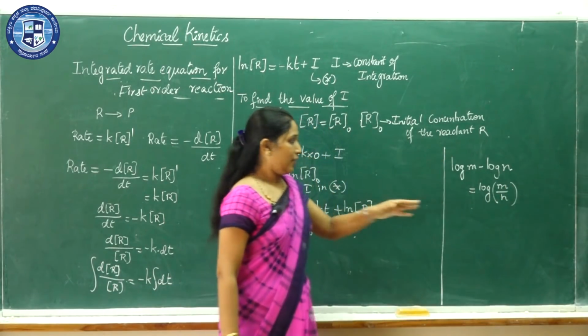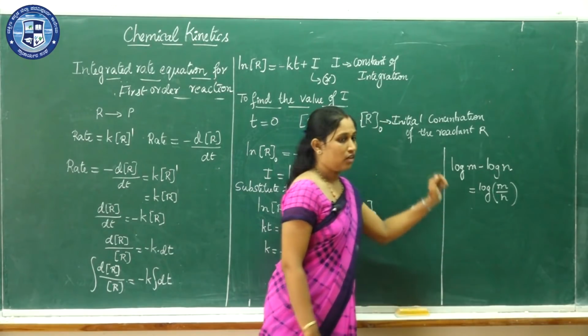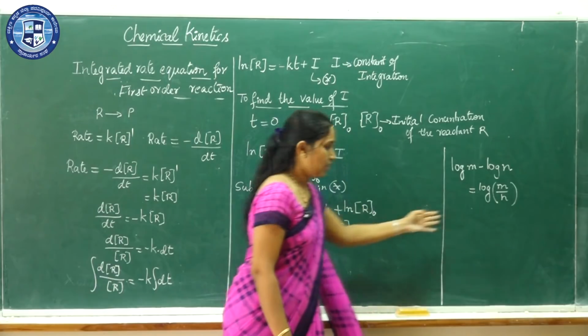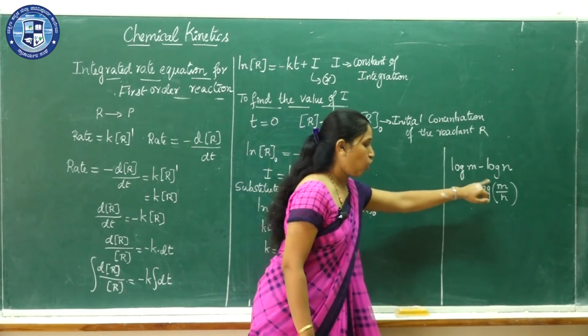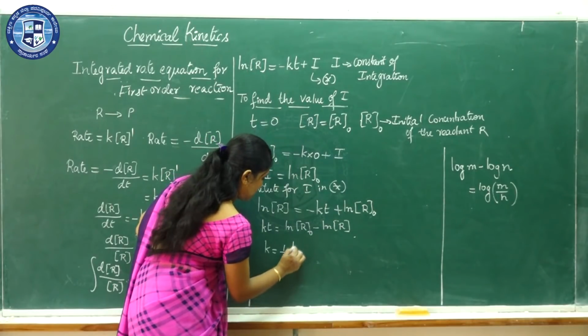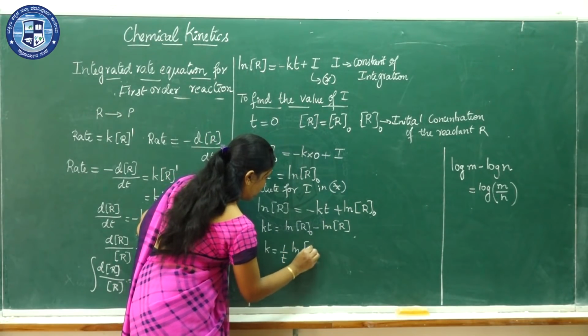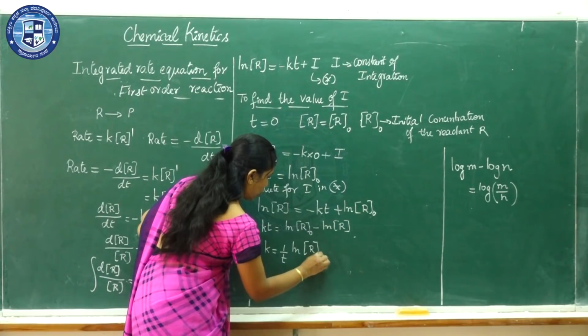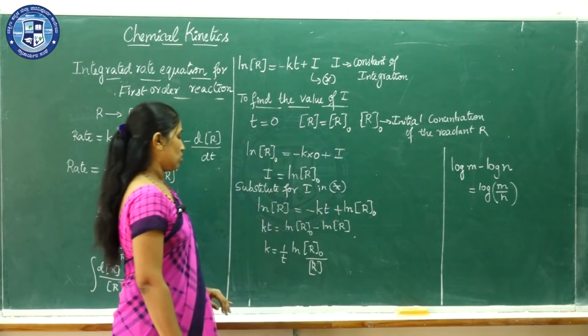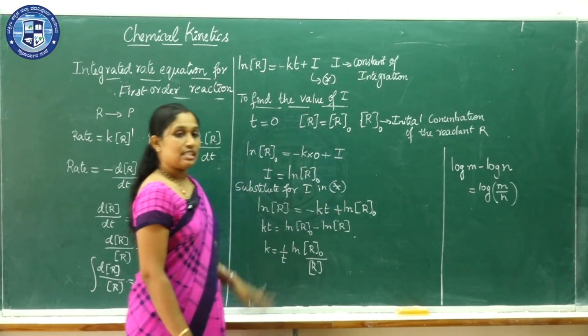We will be using this one frequently, so make a note of this. I will apply this one here. It does not matter whether it is log or ln. So what it becomes is ln R naught by R. Okay. So now we have simplified this.